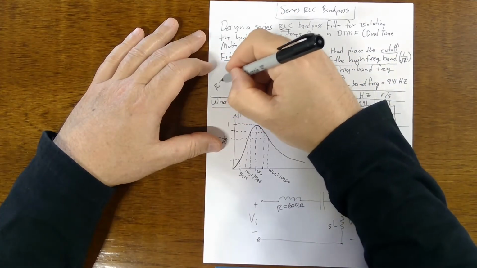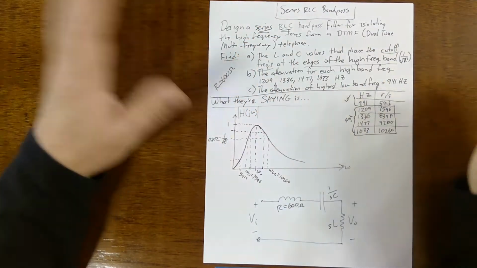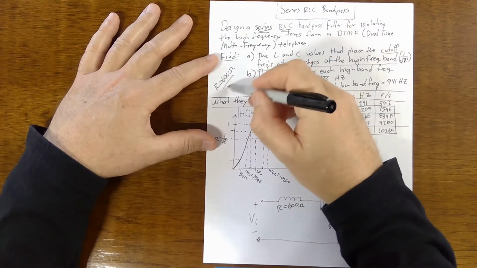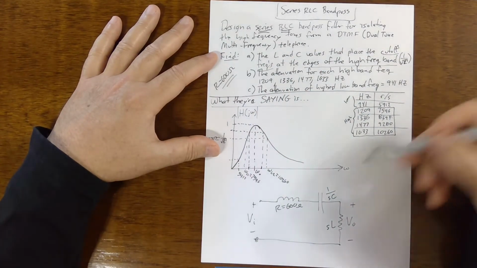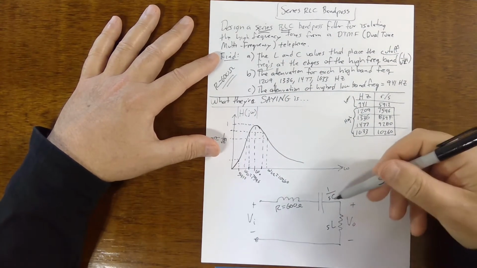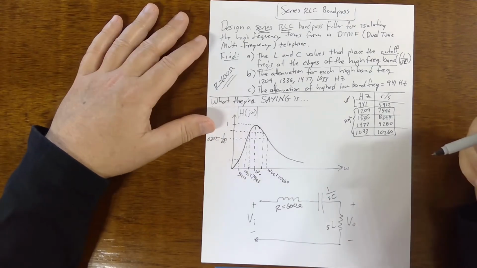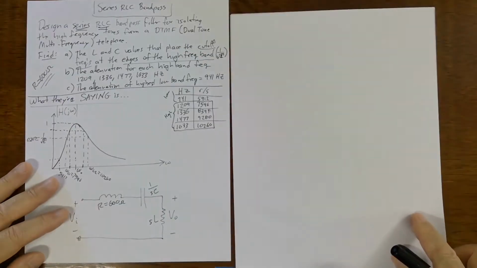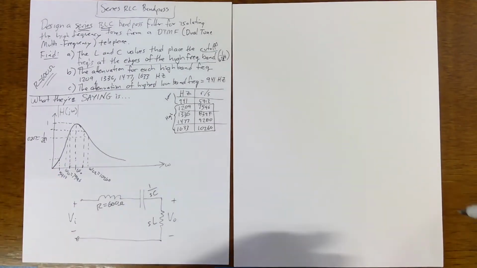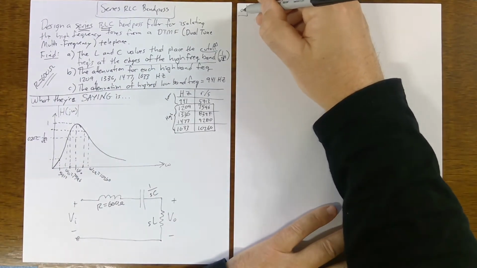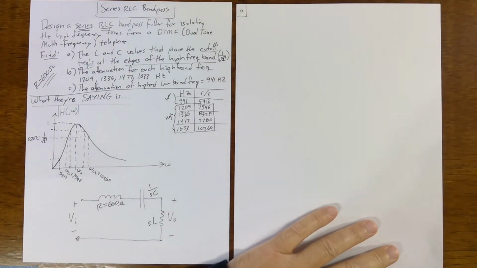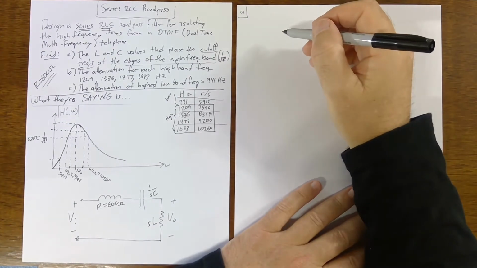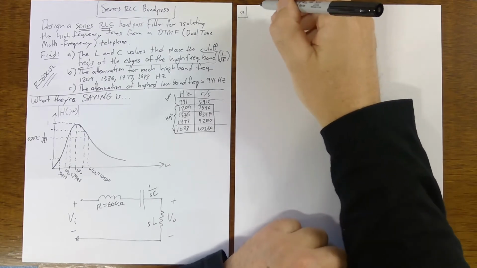That has to be given, so they give you that. We just need to find the C and the L value. Okay, that's the problem. So part A, we just have to play with our math equations that were given.